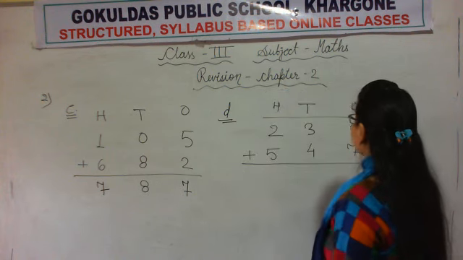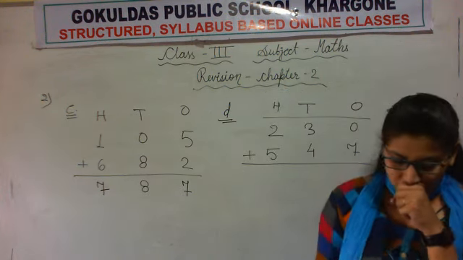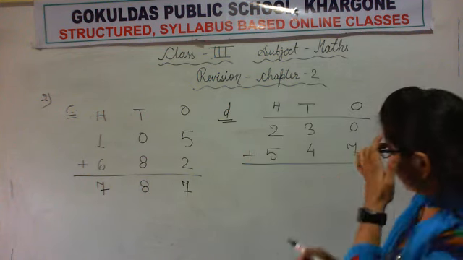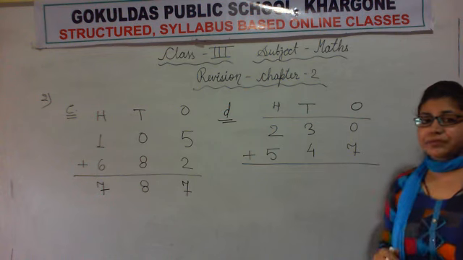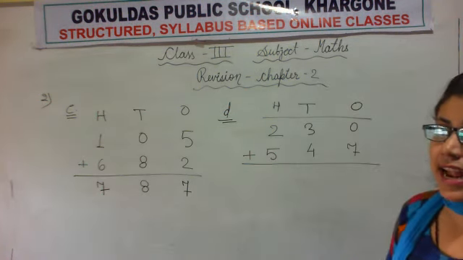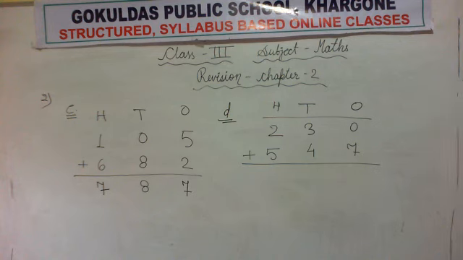Now again 0 plus 7. Whenever 0 is added to any number, or a number is added to 0, it gives its successor. So try to do this question on your own.